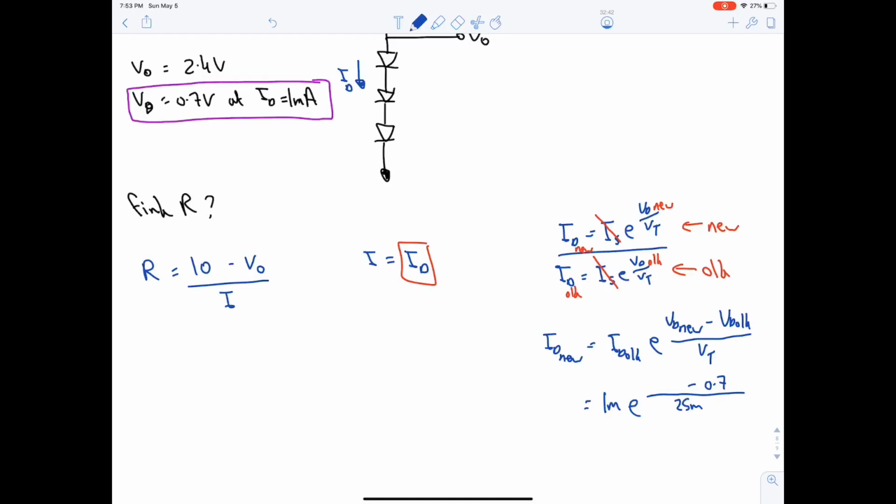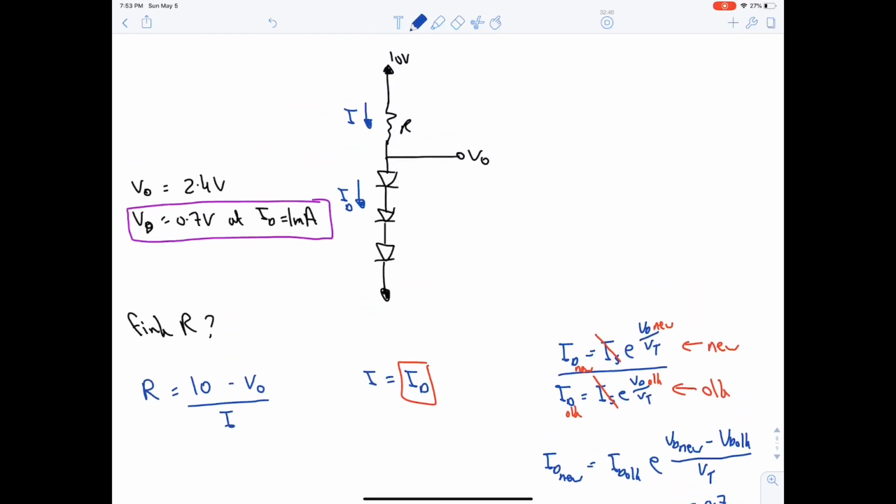What's the voltage drop across the diode? As you can see here, now of course it's not the default value. Why? Because the instructor has given us the value in an indirect way. As you can see here, we were given V output. What is V output? It's the overall voltage drop across all the diodes.